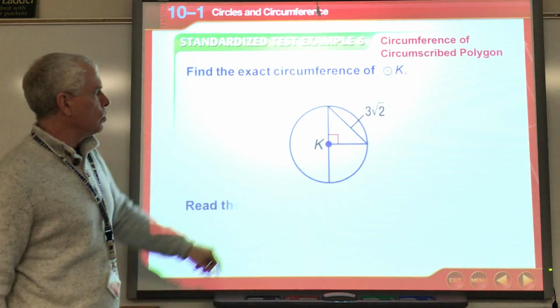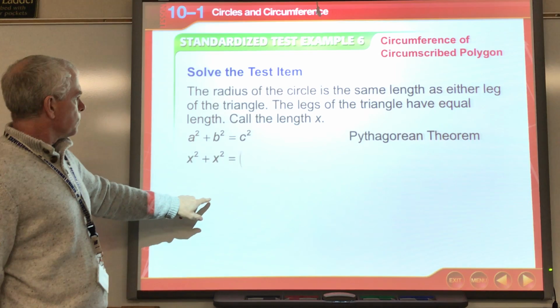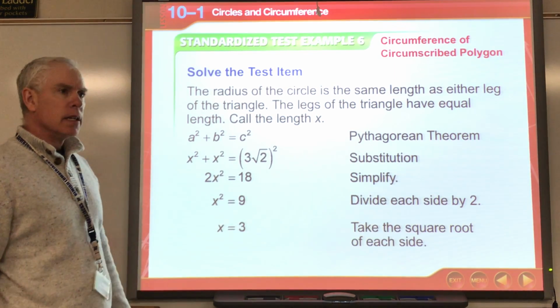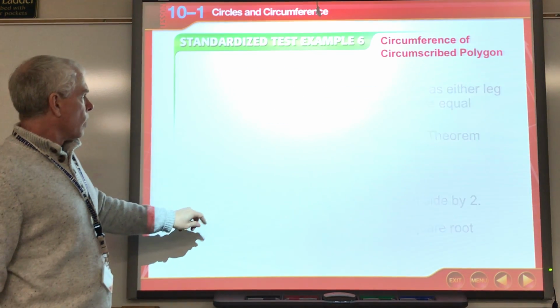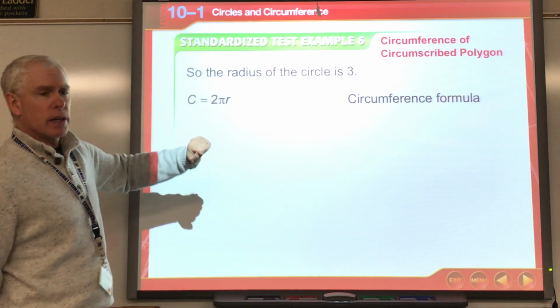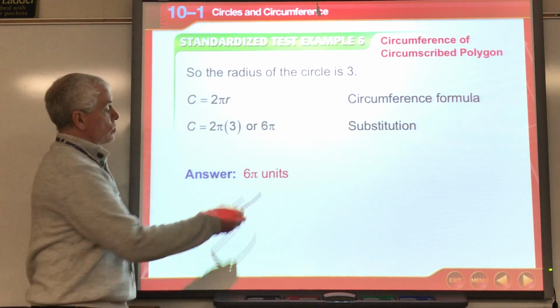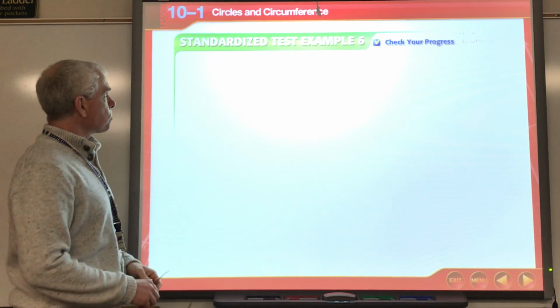So 3 square roots of 2 divided by the square root of 2, or use the Pythagorean theorem, either way, I get 3. That means that's my radius. Okay, and they're asking me for the circumference, so I can put it into your formula. I get 6 pi when I do that.